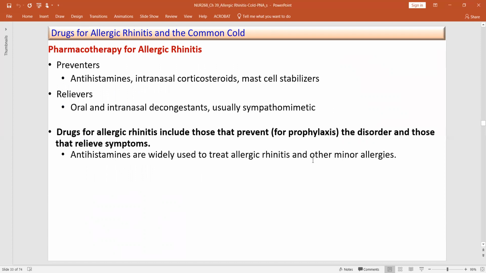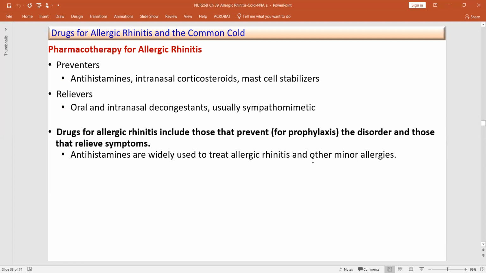To prevent allergic rhinitis, we need antihistamines, intranasal steroids or corticosteroids, mast cell stabilizers, and oral and intranasal decongestants.